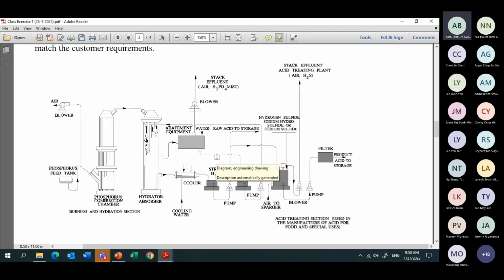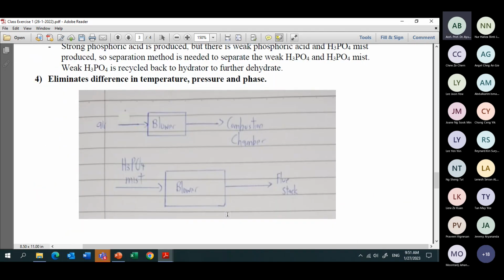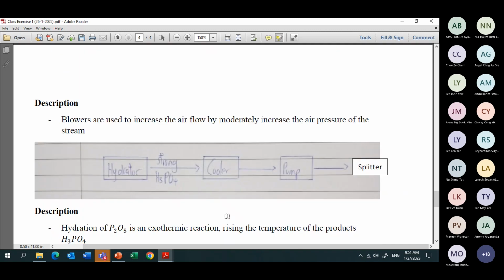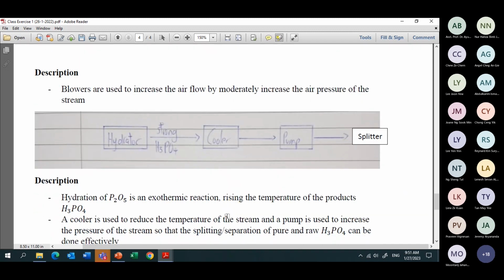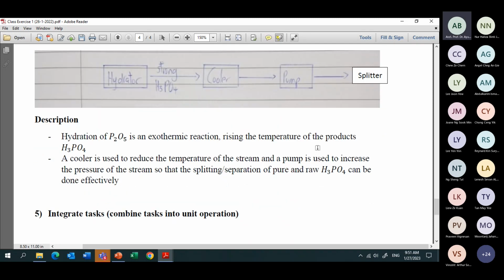Any pressure difference that you required along the way? Apart from blower? And the pump before the separator, because we need the intended temperature and pressure for effective separation. Okay, so here you have cooler, reduce the temperature, pump, increase the pressure. Okay, good.